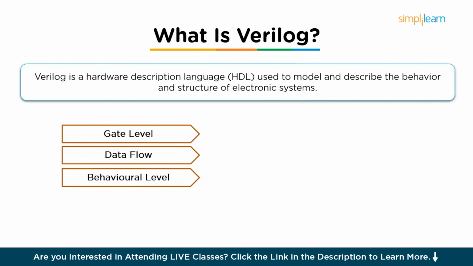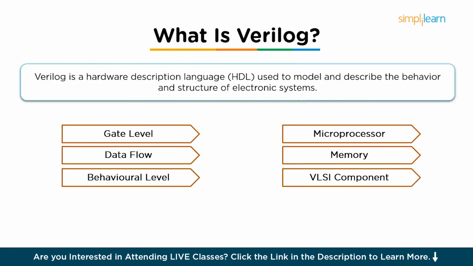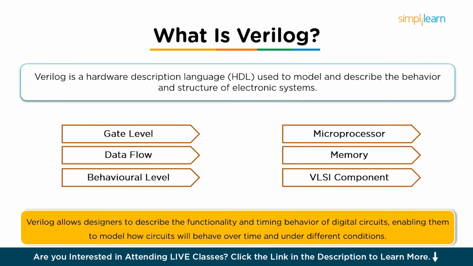With Verilog, designers can write code that specifies the operation of a digital system, such as microprocessors, memory, or any other VLSI component. Verilog allows designers to describe the functionality and timing behavior of digital circuits, enabling them to model how circuits will behave over time and under different conditions.